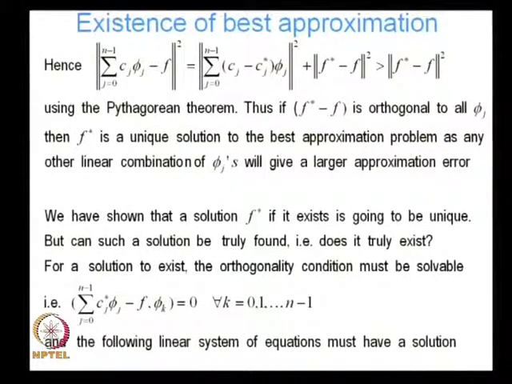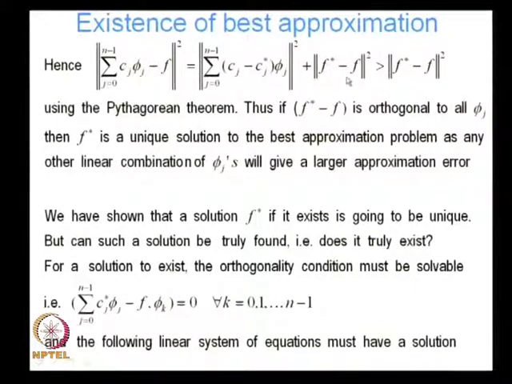So, what do we have? If we take the norm of sigma Cj phi j minus f and square it, I can write it as the norm of sigma j equal to 0 to n minus 1 Cj minus Cj star phi j squared plus the norm of f star minus f squared. Why can I do that?